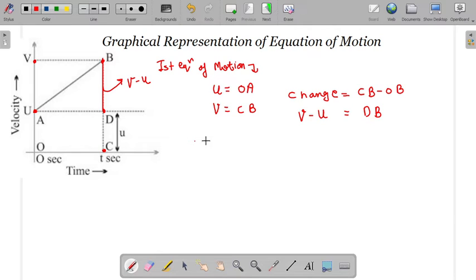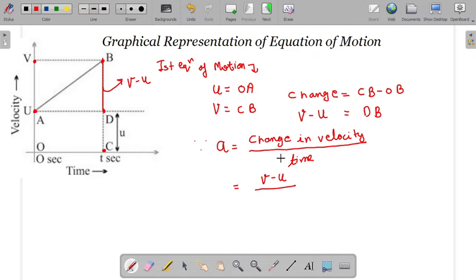And as we know, acceleration a is actually the change in velocity with respect to time. So what is the change in velocity? DB, that is V minus U. And what is the time?